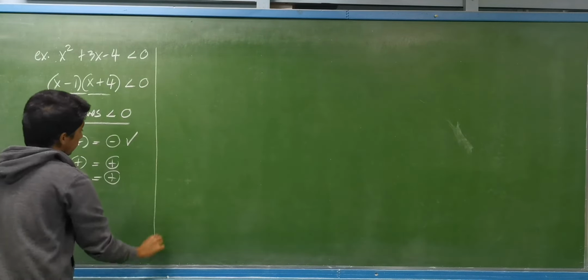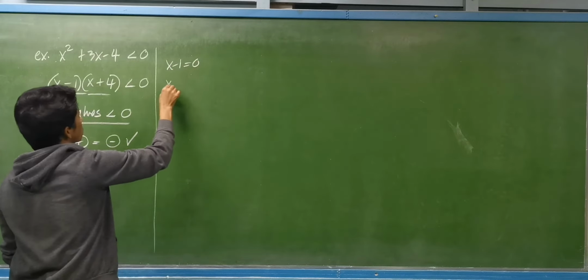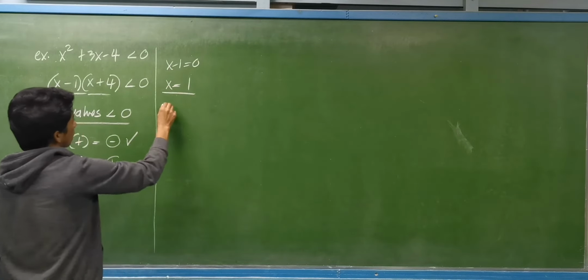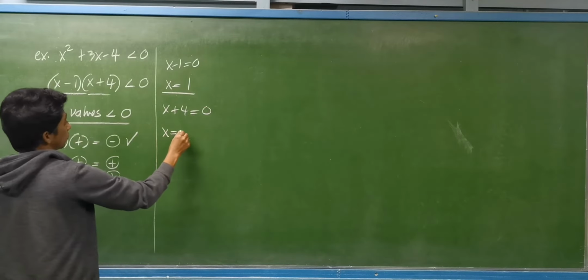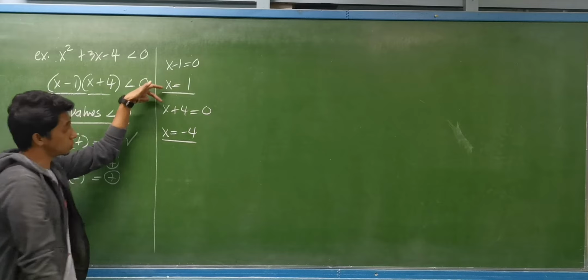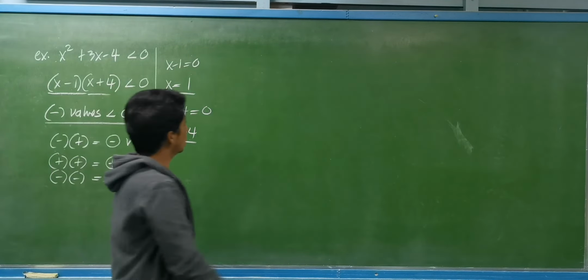So our reference points: we have x minus 1 equal to 0, so x is equal to positive 1. Then the other is x plus 4 equal to 0, and this is x equal to negative 4. Let these two points be our reference points on our number line.